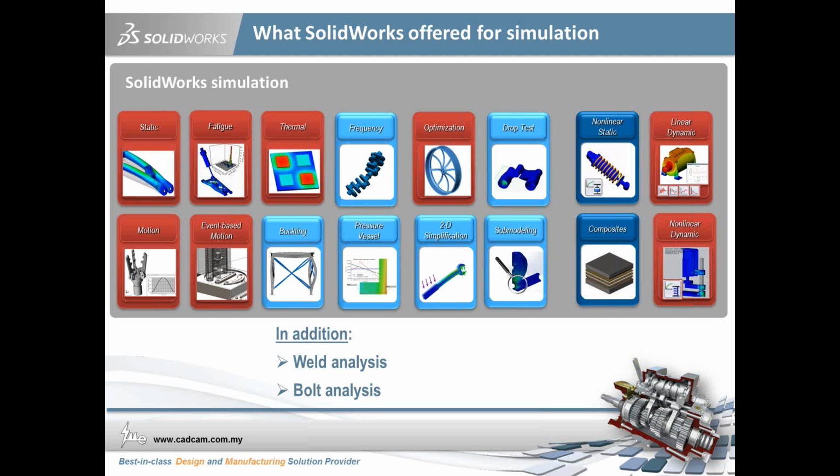Motion analysis, which I showed before, and event-based simulation, which is more for automation when you're using sensors. And if you design under a scenario of vibrations or non-linear scenarios, there is linear dynamic and non-linear dynamic analysis. In addition, we have the route analysis and the boat analysis for you to use to improve your design.